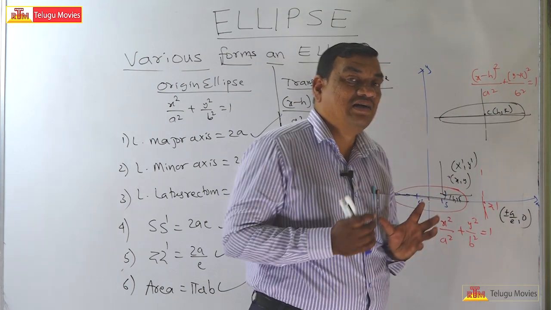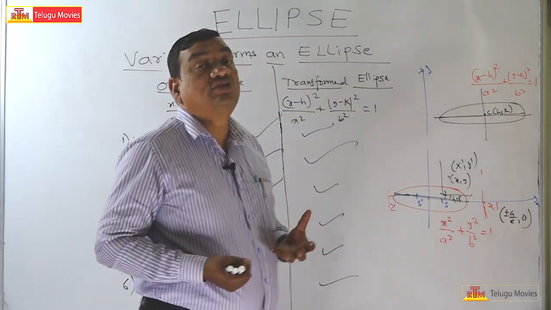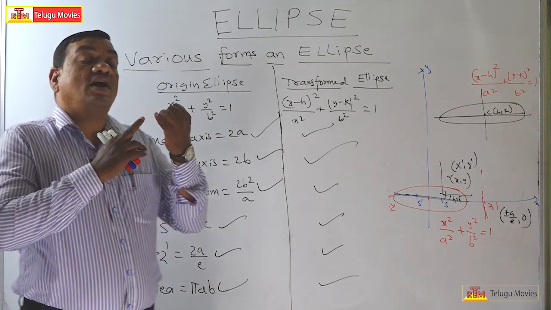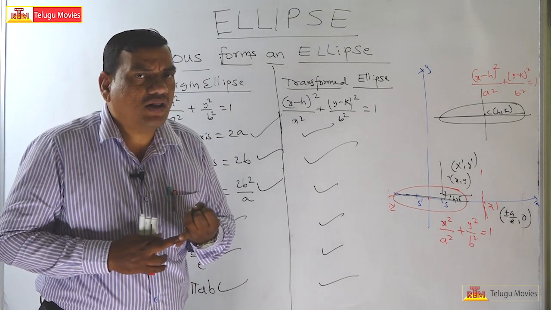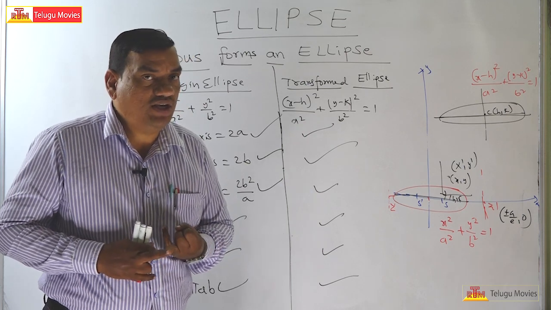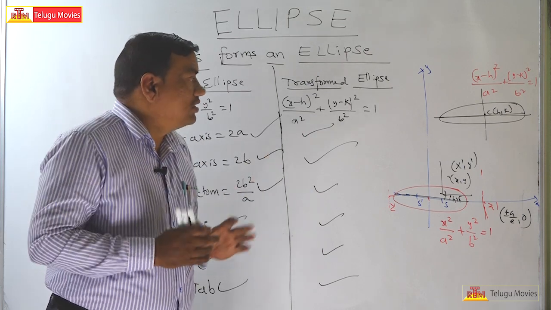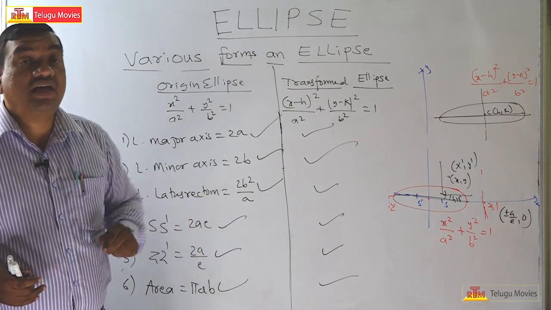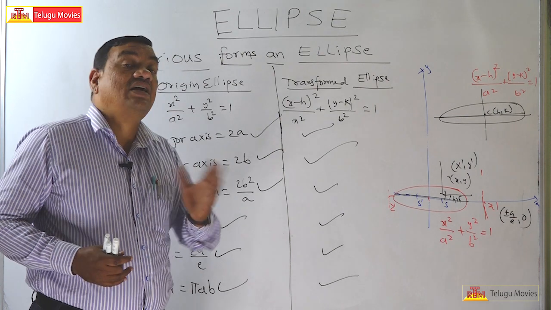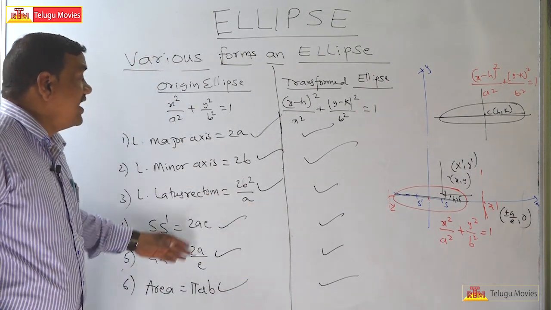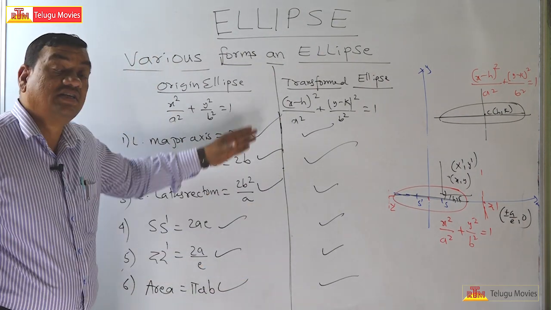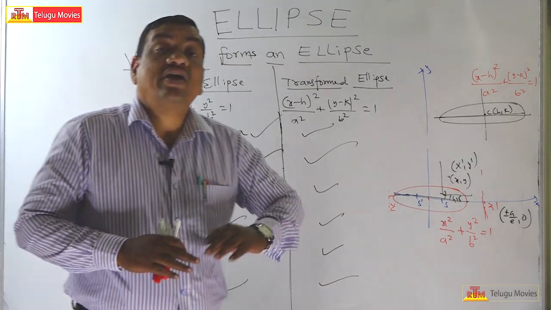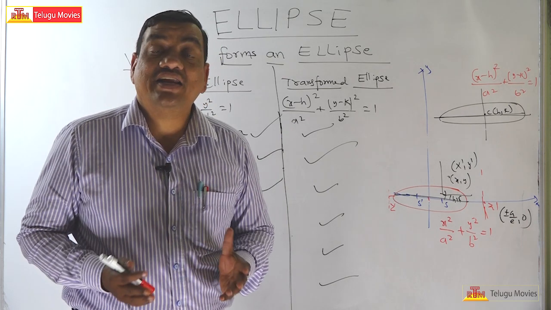Why? Because the size of the ellipse is not changing. What will change? Only the coordinates of all the points and the equations of all the lines, major axis, those only will change. Why? Because they are connected with x and y coordinates. That's why the lengths, areas, volumes are invariant quantities.